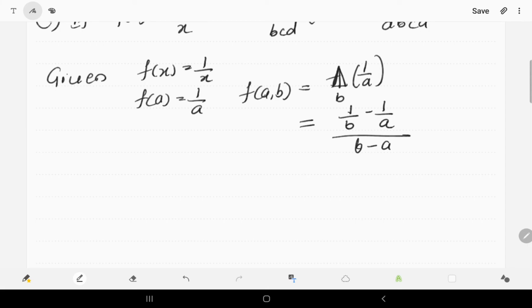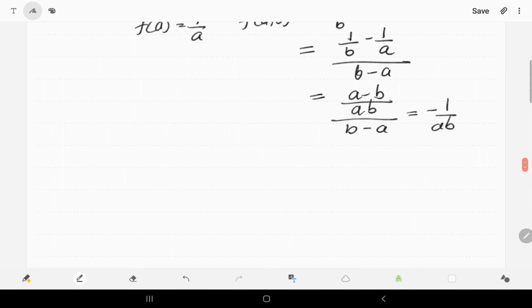That is f of b minus f of a divided by b minus a, which equals a minus b divided by ab divided by b minus a, that is equal to minus 1 by ab.